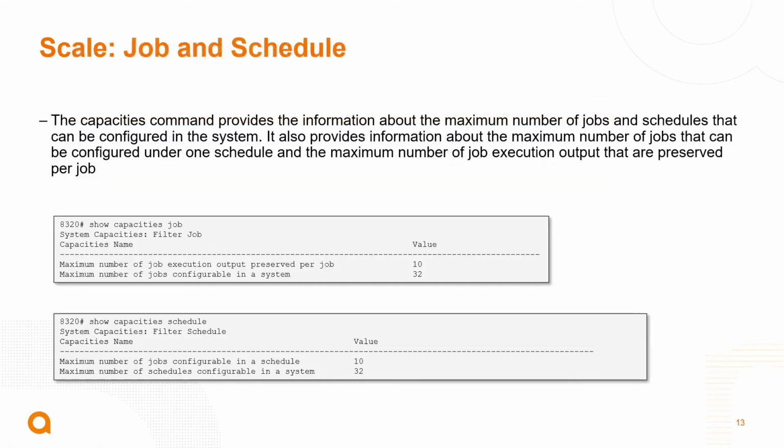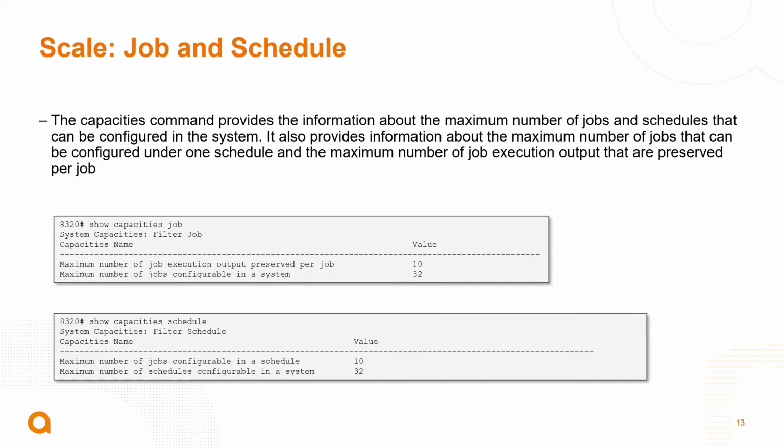This is something on the scale. If you want to check what scale is supported per platform on AOS-CX switches, show capacity job will tell you. In case of the 8320, it is saying the execution output it can preserve is 10. Remember, this is before the reboot. If you want to see the latest execution, you can say show job execution output 1.